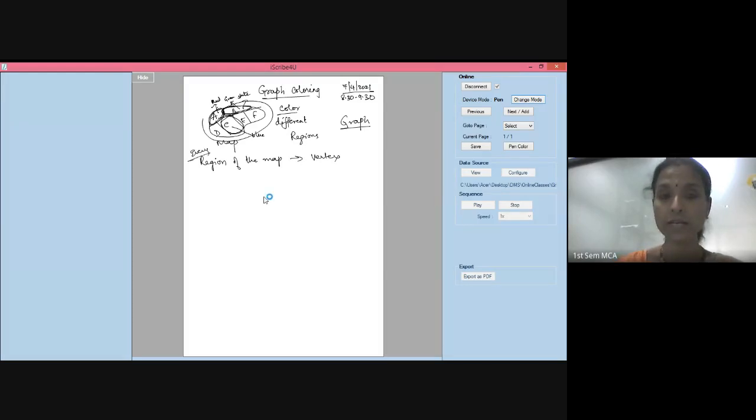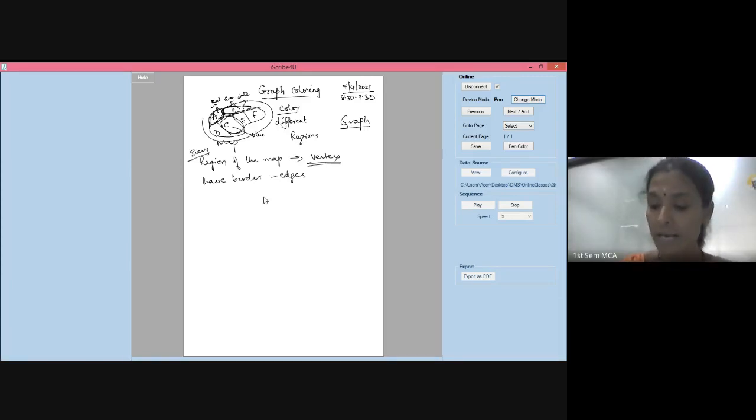Now, edges will connect two vertices. Edges will connect two vertices if the regions represented by these vertices have a common border.